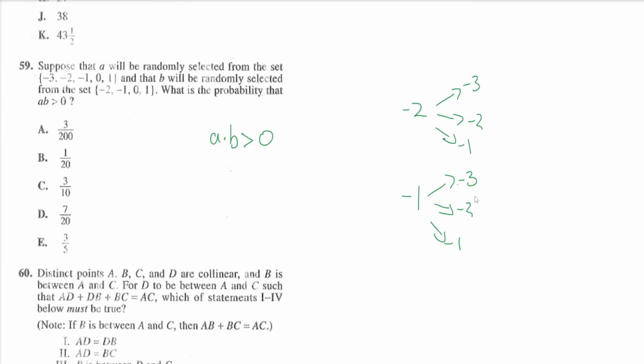So that's a total of 6, right? Okay. And so those are the negative ones. What about where it's positive? Yeah, good.